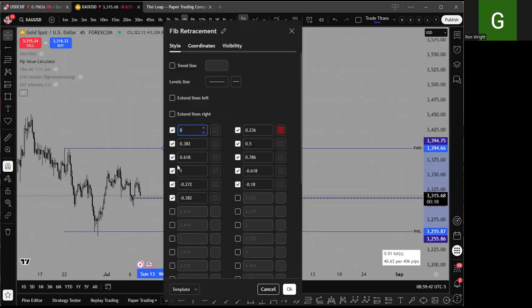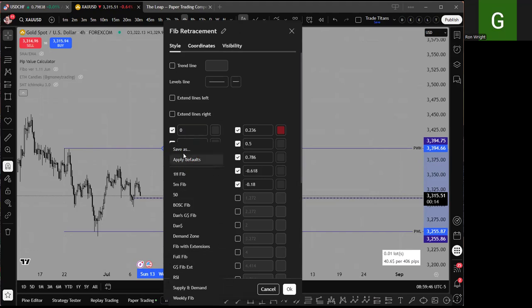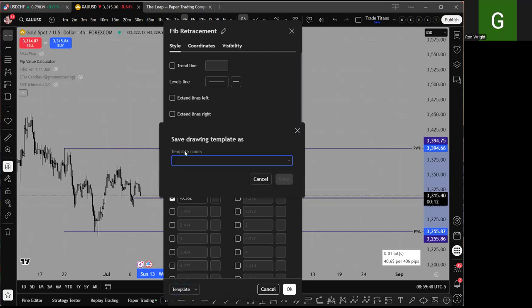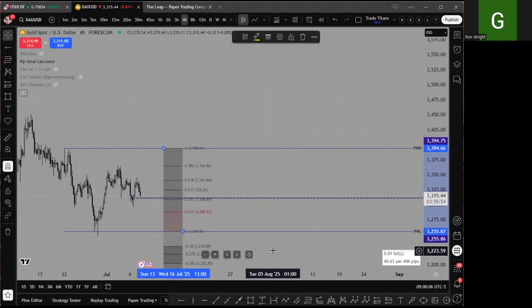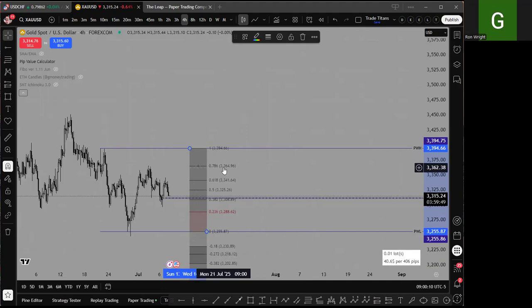You go back into the settings and save the template. I used to call it the weekly, but I'll call it my control fib. Okay, control fib. Boom.